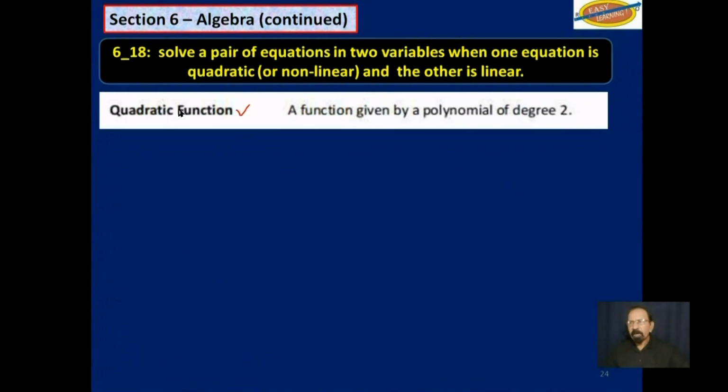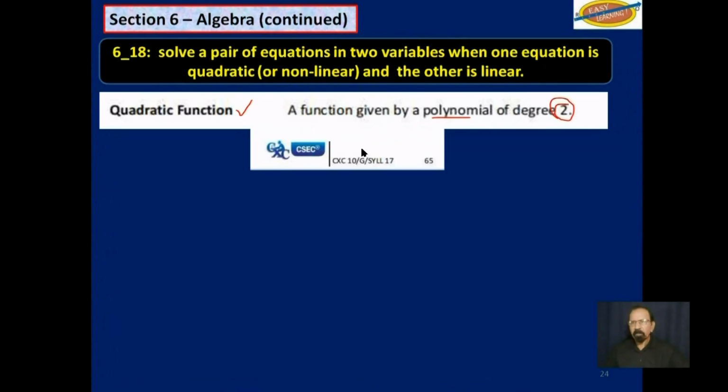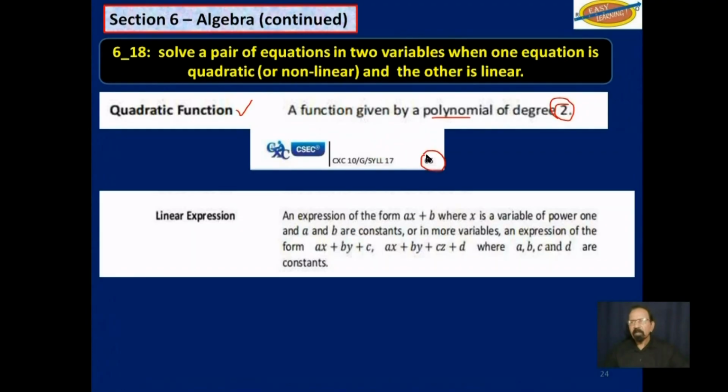Your syllabus defines a quadratic function as a function given by a polynomial of degree 2. That's from page 65 of the syllabus. And a linear expression is one where x is a variable of power 1, no more, and a and b are constants.